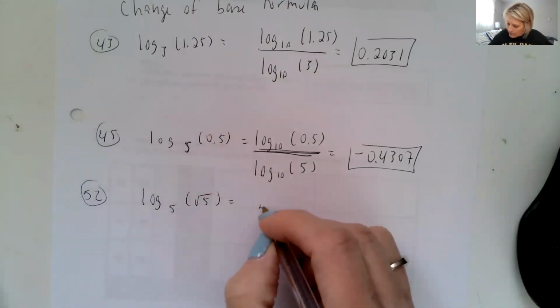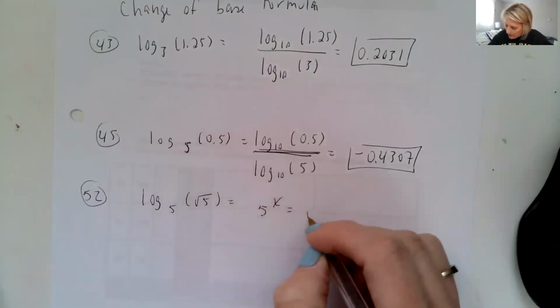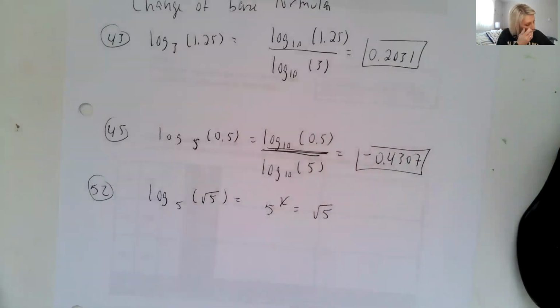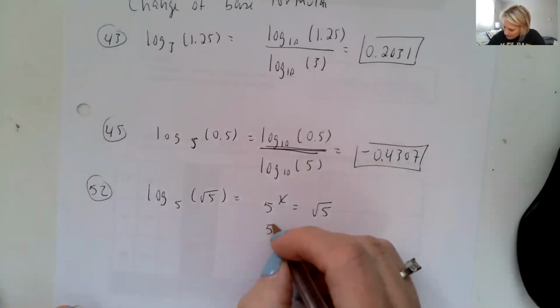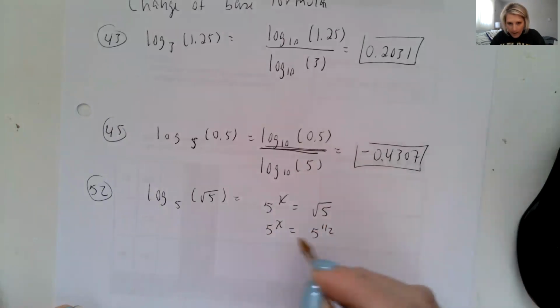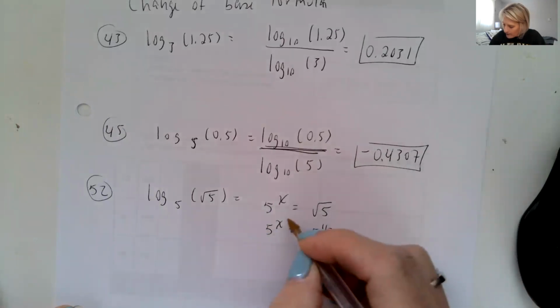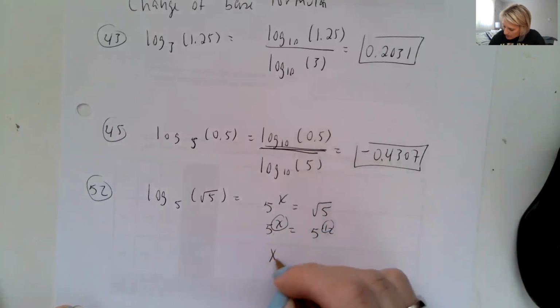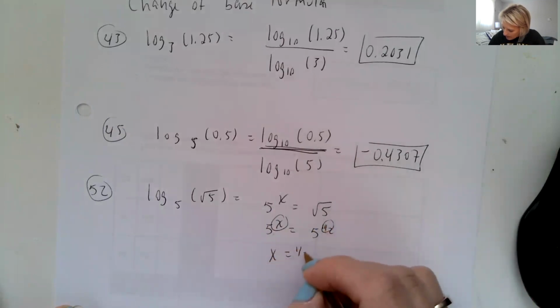So this means 5 to what x gives me the square root of 5. And we actually did this one on the last page at the beginning. 5 to the x gives me 5 to the 1/2. And because now we have like bases, we know the exponents must equal each other, which is 1/2.